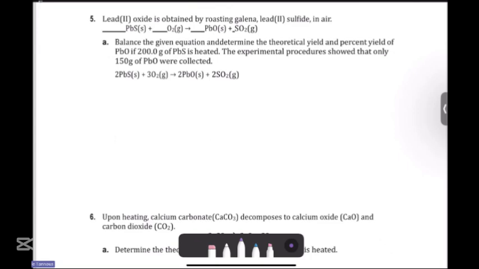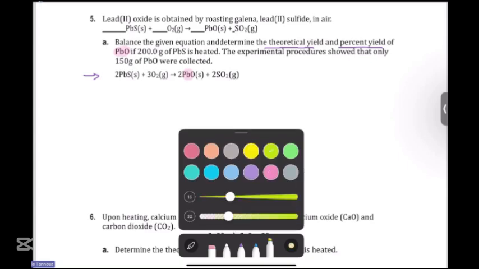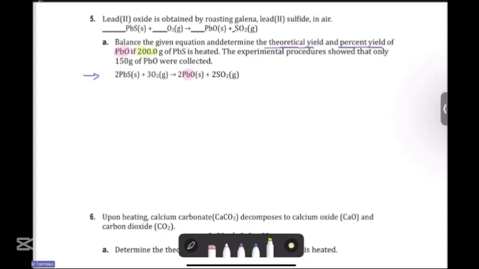So here's a balanced equation. It says, determine the theoretical yield and the percent yield if, again, let's use this same technique. PbO, it says, wait 1 second, let's read. The percent yield of PbO. PbO is a product. And then it is saying, if 200 grams of PbS. So be careful, this 200 gram is for this one.